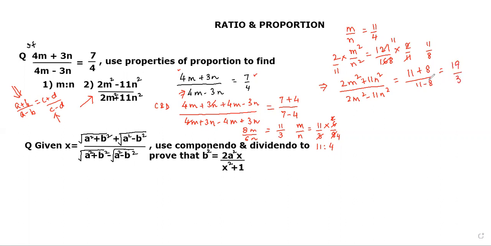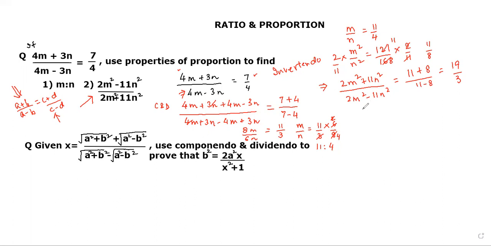Okay. So now we have the value of the second part, 2m square plus 11n square upon 2m square minus 11n square. But what do we need? We need the reverse of this. And this is where we are going to use another property called invertendo. I hope you have seen in my last video what is invertendo.